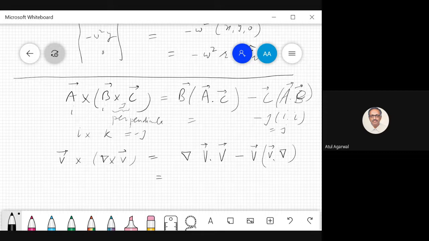So what does it mean? Gradient of V into V. Can you write it as gradient of half V square? I'm just checking out. Suppose this can be written as, I'm just checking out.